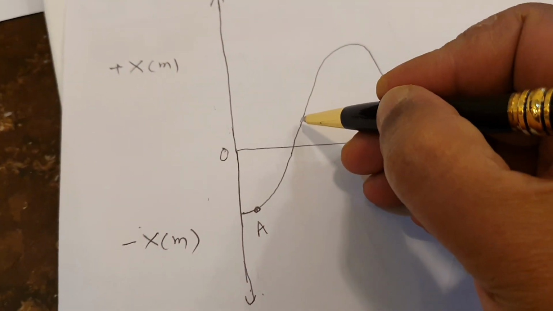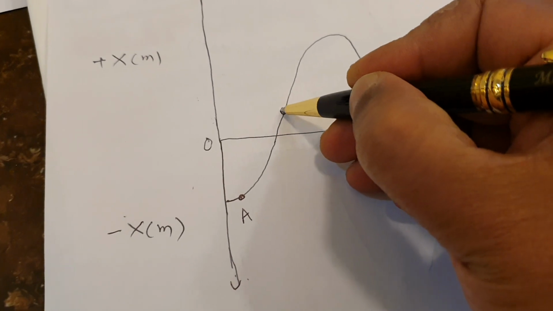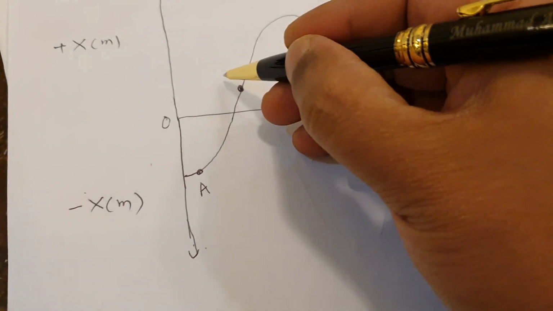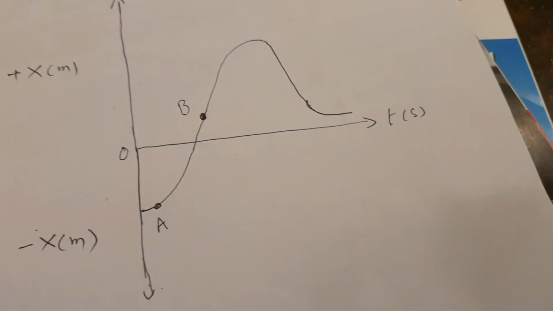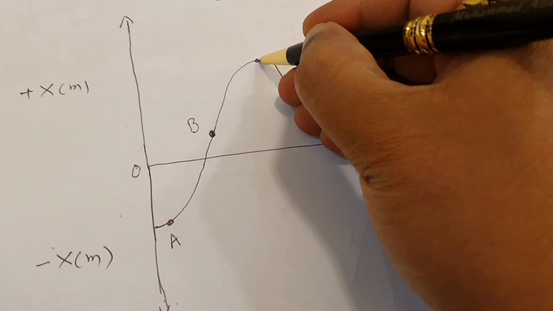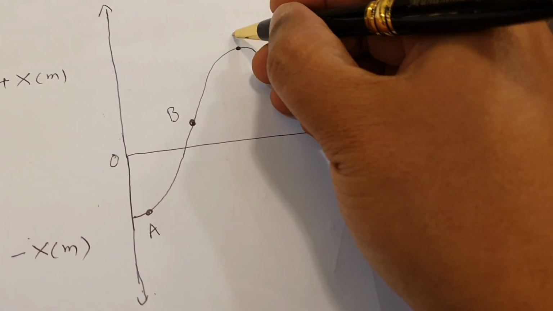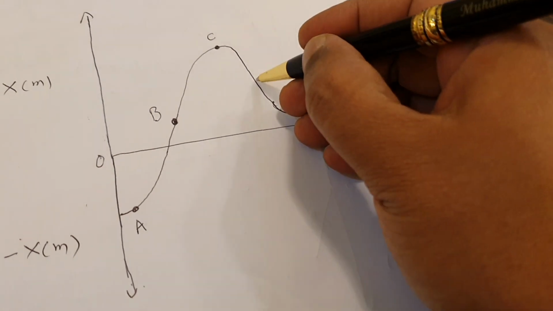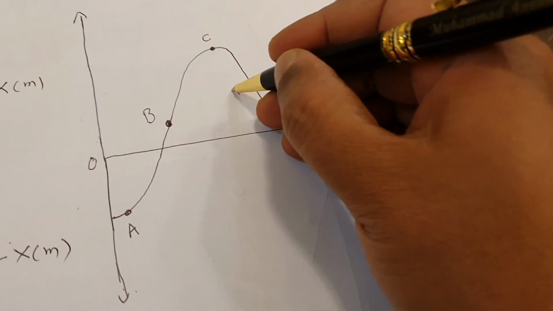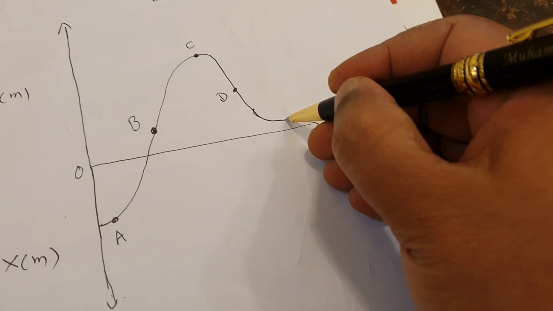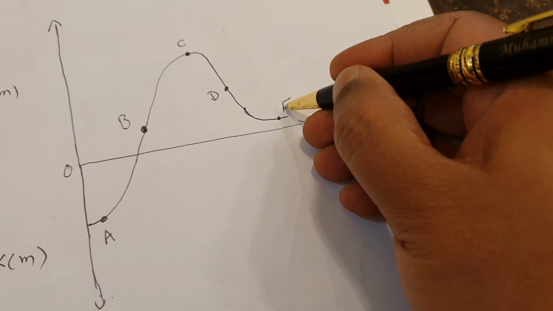Then you have to describe the position of the object at this point. This is point B. Describe the motion of the object at point C, at point D, and at point E.